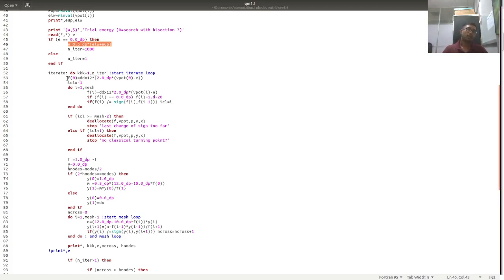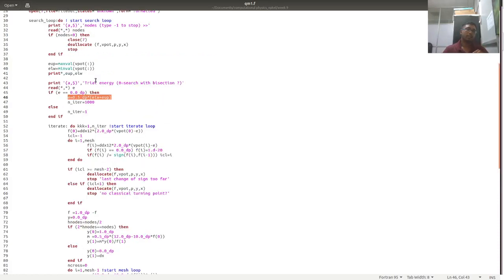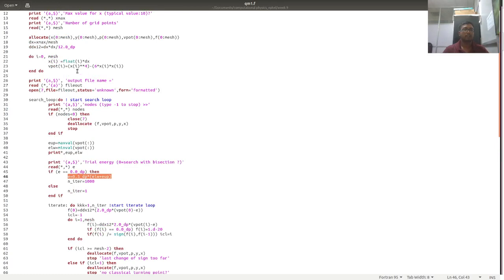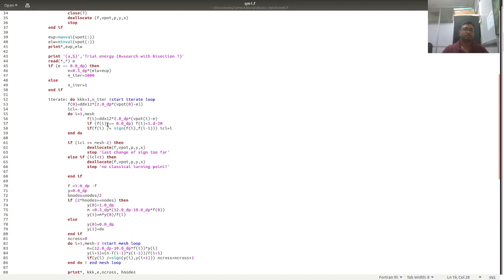There is a function which will have the first element to be ddx12, which is defined before. That ddx12 is nothing but dx square by 12. So it is dx square by 12 into 2 into (v potential minus E). This is the first element of the array defined by f.